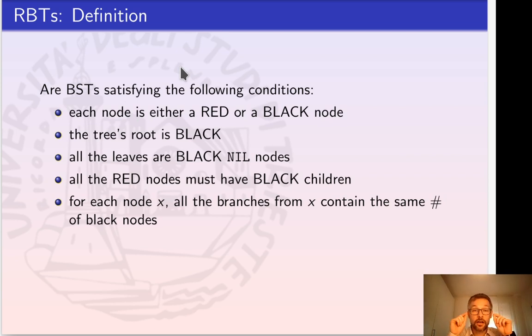A quite important condition is that all the red nodes must have black children. So if a node is red, both its children should be black.